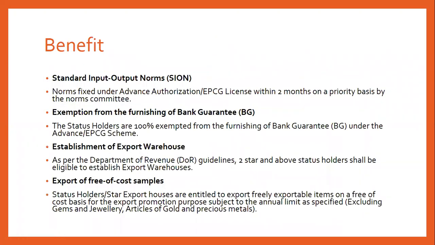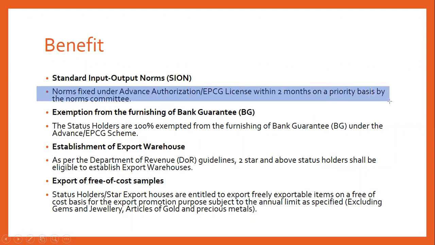Now, what benefits does the government provide to these status holder exporters? First, standard input output norms. What is this? The norms are fixed under advance authorization and EPCG within 2 months on a priority basis by the norm committee. The license is given within 2 months on a priority basis, and the norm committee will decide for that.